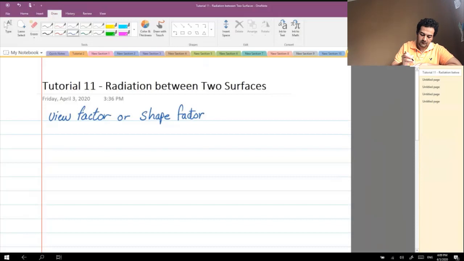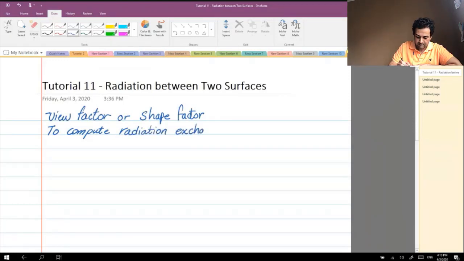It is used to compute radiation exchange between two surfaces.